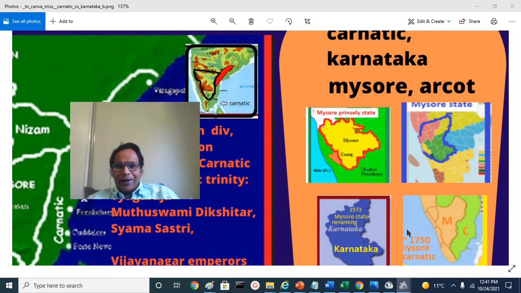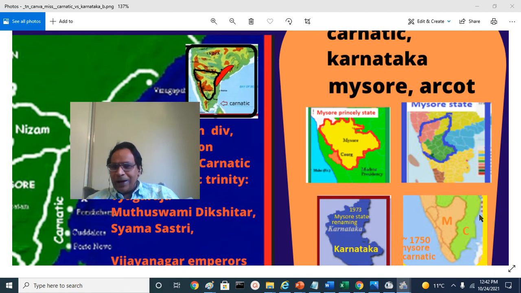Going back, during the Wodeyars' time, before Hyder Ali usurped their kingdom, we have the Mysore state here, the Mysore principality, ruled by Chikka Devaraya, Chikka Krishnaraja Wodeyar, the second Krishnaraja Wodeyar. And we have the Carnatic Nawabi at Arcot. And there is a British presidency, the Madras presidency.